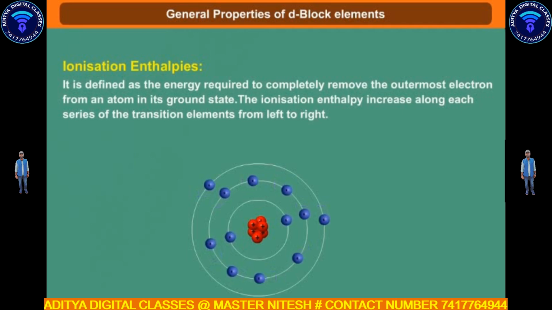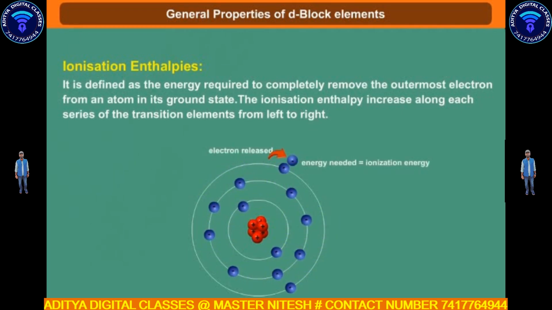Ionization enthalpies. It is defined as the energy required to completely remove the outermost electron from an atom in its ground state. The ionization enthalpy increases along each series of the transition elements from left to right.